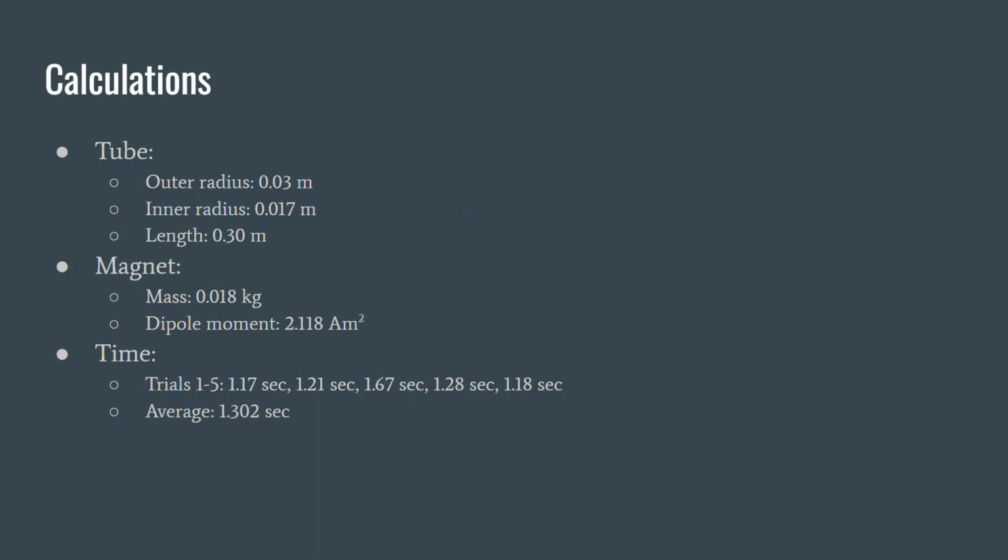So for our calculations, our values are that the tube has an outer radius of 3 centimeters, an inner radius of 1.7 centimeters, and a length of 30 centimeters. The magnet has a mass of 0.018 kilograms and a dipole moment of 2.118 amp-meters squared.